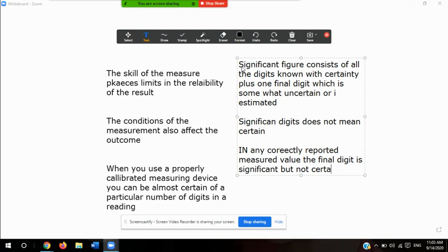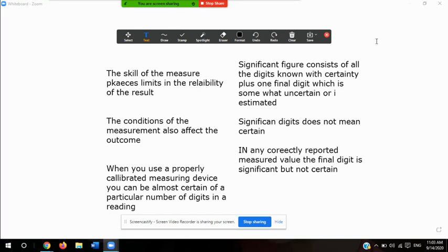So in any correctly reported measurement that has been estimated, the final digit is significant but not certain. So there's always that degree of estimation. And again, in science, there's no absolutes.